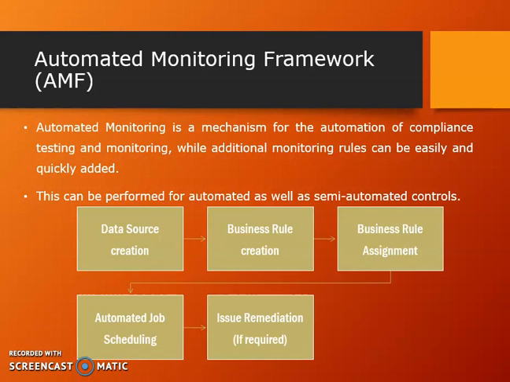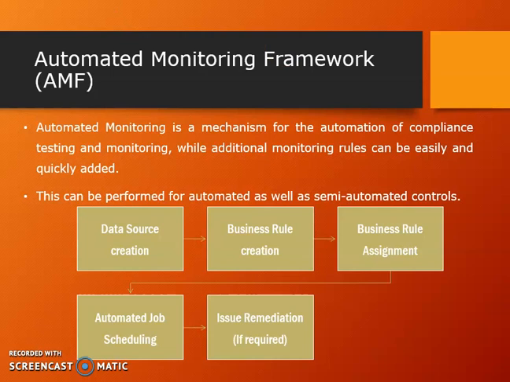Then comes business rule assignment, where we assign the business rule to a control. Then, to trigger the control testing, we will schedule a background job. And if the control fails and we have configured it that way, it will create an issue so that it can be remediated.